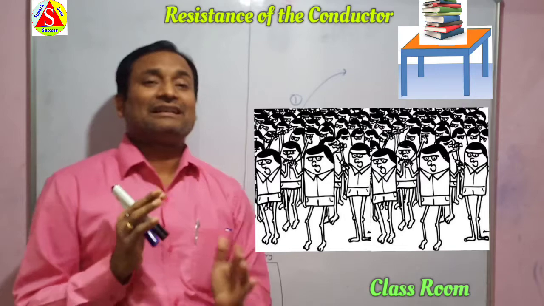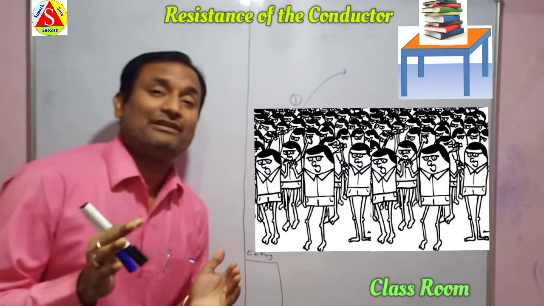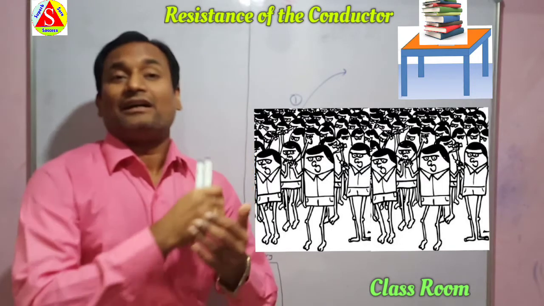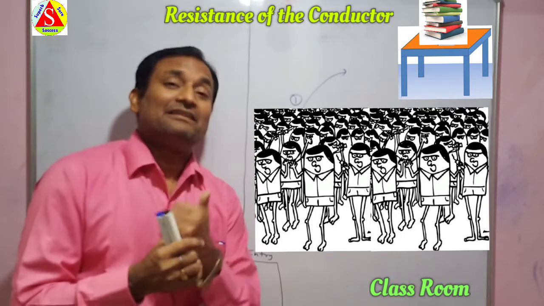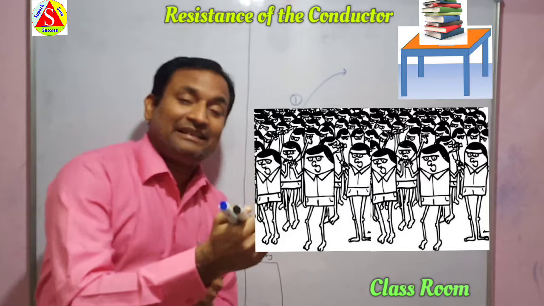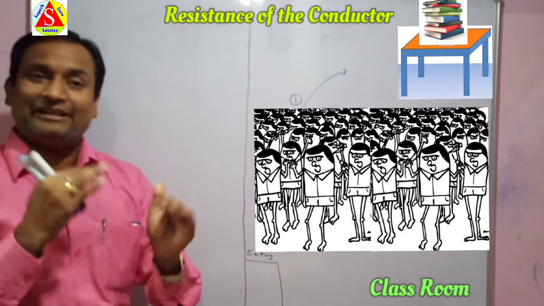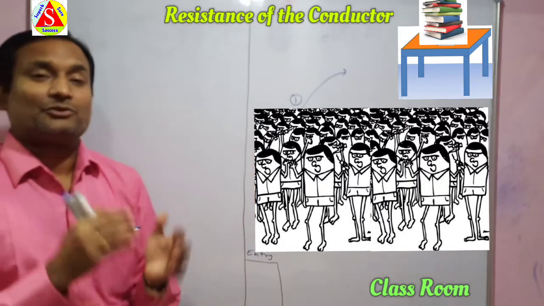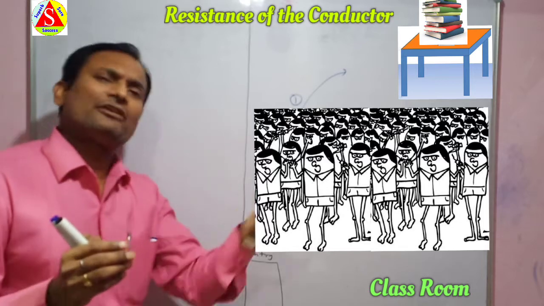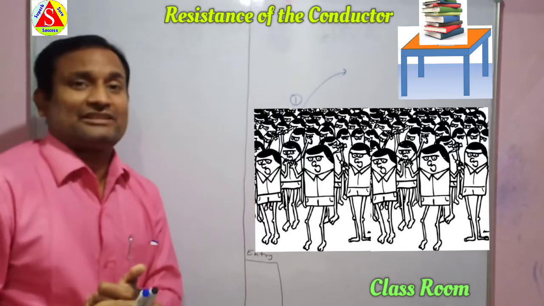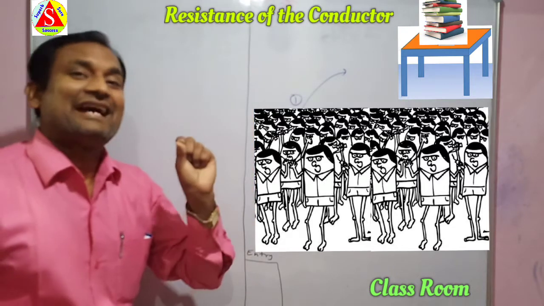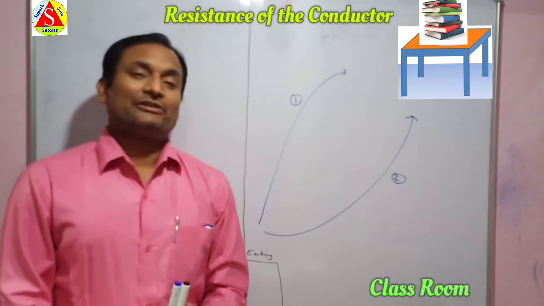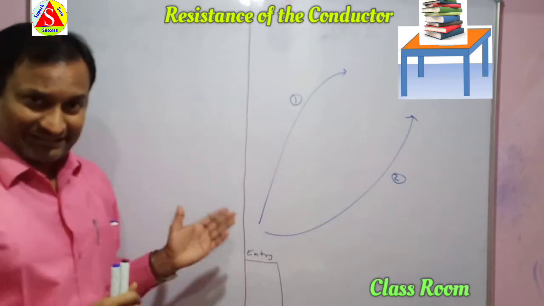Definitely in this condition there will be a collision among the students. So the time of collecting their copies will increase. We can say that because of collision among the students, the time of collecting their copies gets increased.